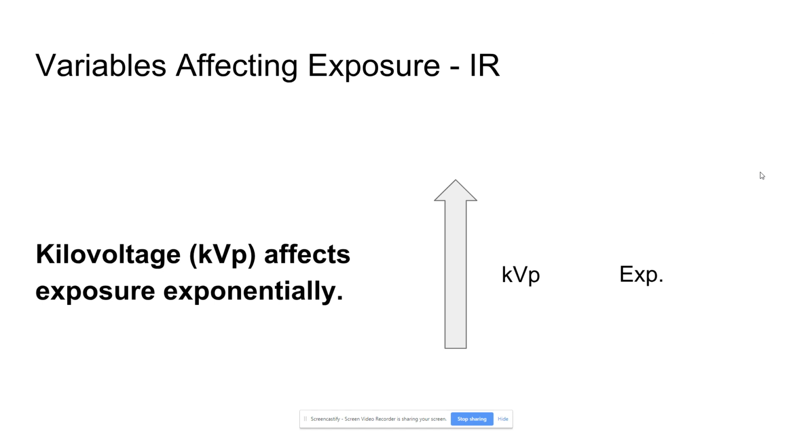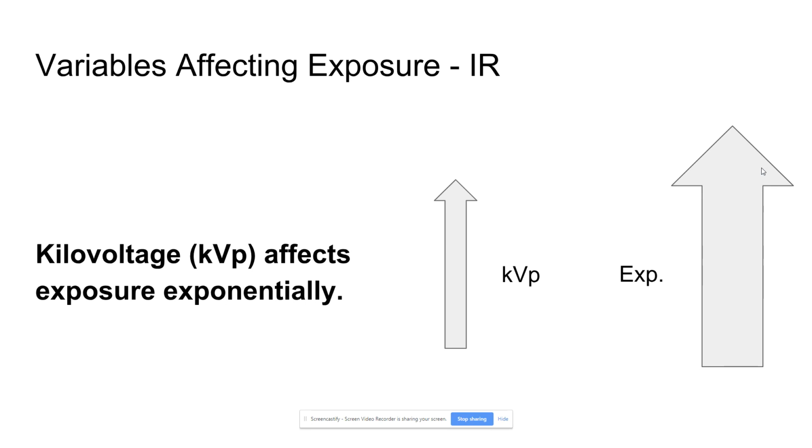How about kV? Increase kV, what happens to exposure? Up or down? Up, right? There's a page in the book that shows you an example of 2 different kV levels, and you can see that more photoelectric effects occur when you increase your kV. But that's a big, big up, right?